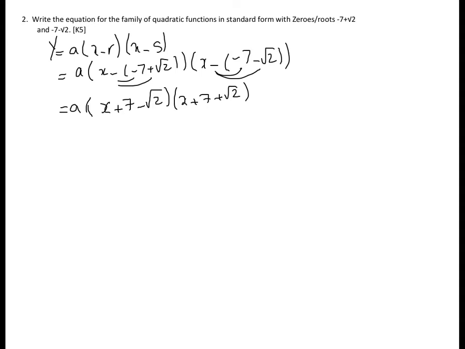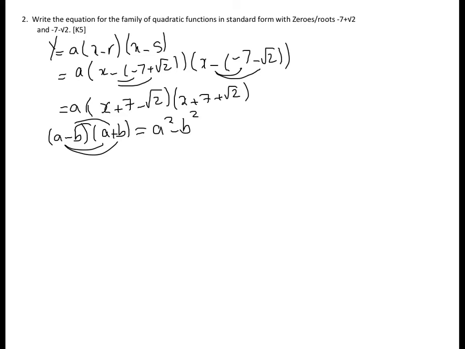Now, if you remember from grade 10 academic, we used to have this identity that (a minus b) times (a plus b), if you distribute this one, is going to simplify to a squared minus b squared, difference of squares.